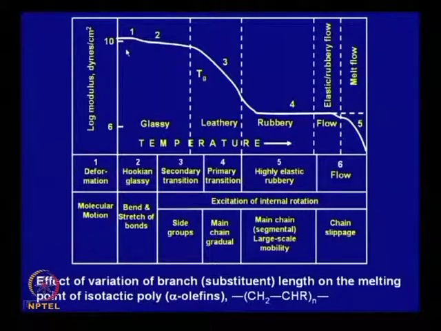The range of temperature between these phases is the glassy range, then beyond that it becomes flexible, the leathery range, and this transition is the Tg, from where it passes from glassy to leathery range, then from leathery to rubbery, which becomes more fluid than leathery.